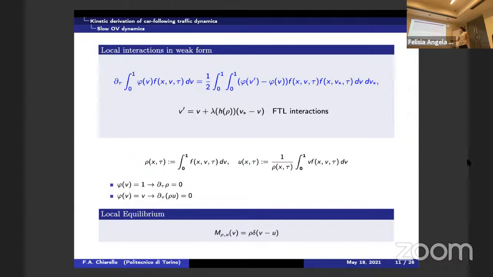by local interactions. This means that our local equilibrium is parameterized by these macroscopic quantities, so rho and u, sorry. And so we can write the local Maxwellian like this, and we can prove that this is unique, computing the total energy and its variance.